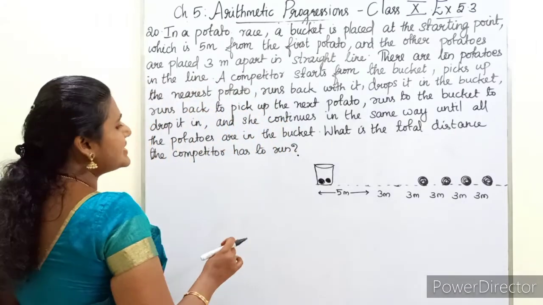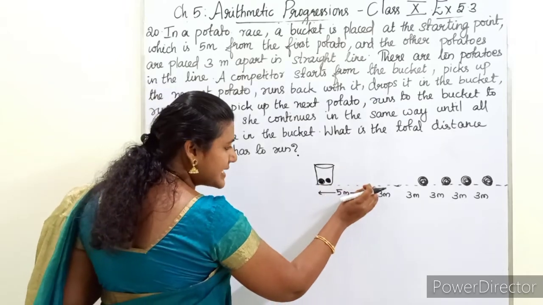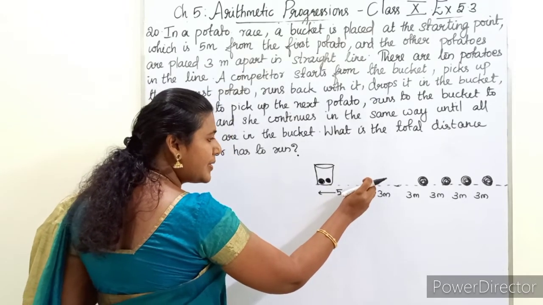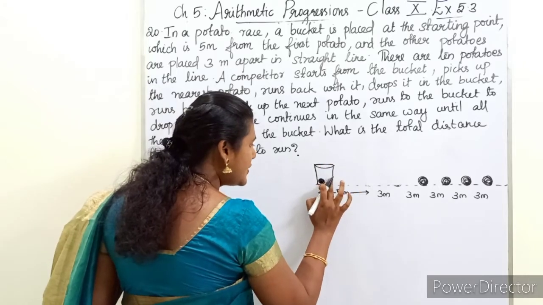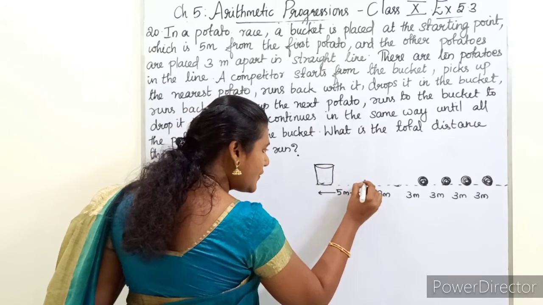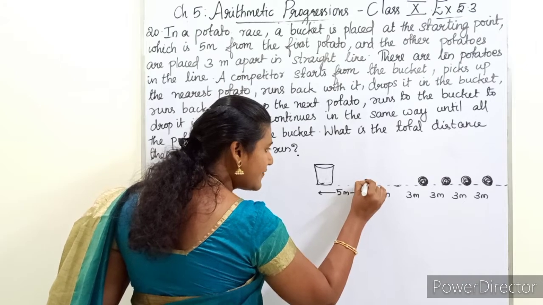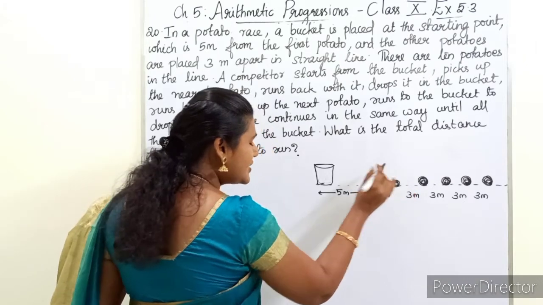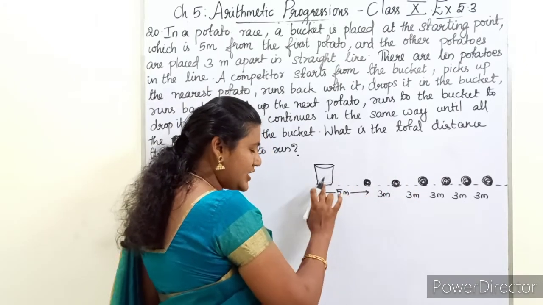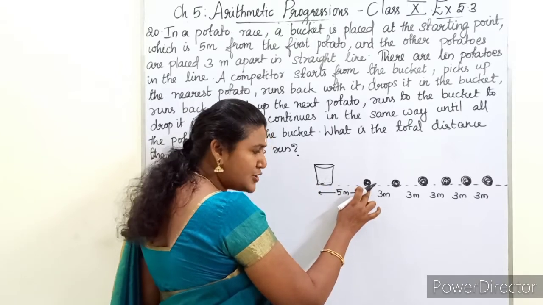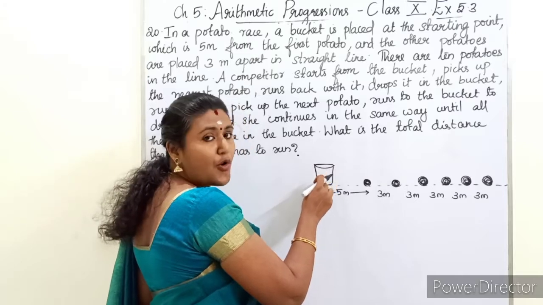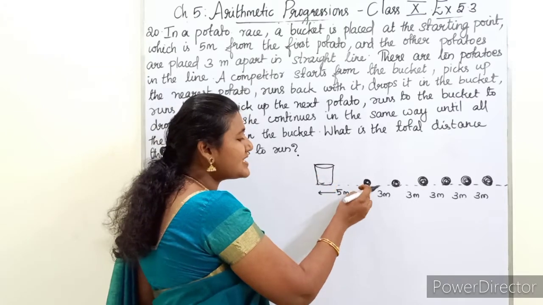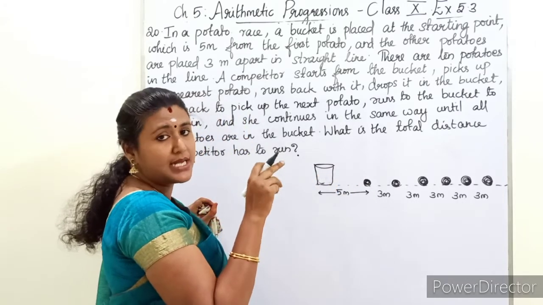First we will see the distance covered by the competitor to drop the first potato. The first potato is at a distance of 5 meters from the bucket. So first she has to cover 5 meters to pick the potato and again go back and drop it in the bucket. So 5 plus 5 is equal to 10 meters.